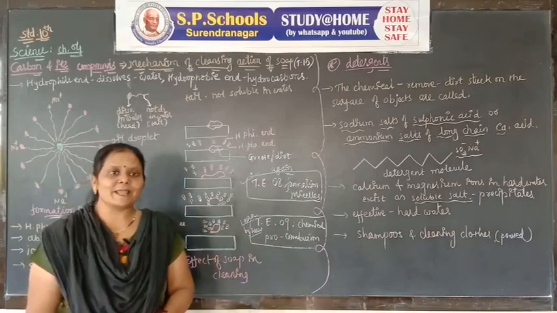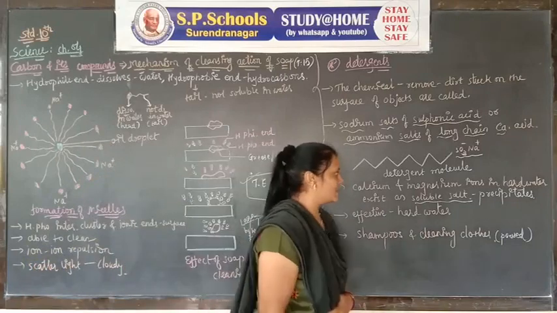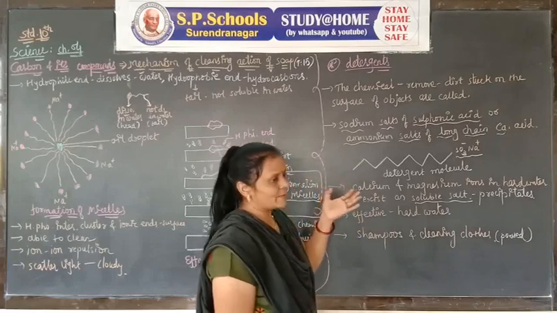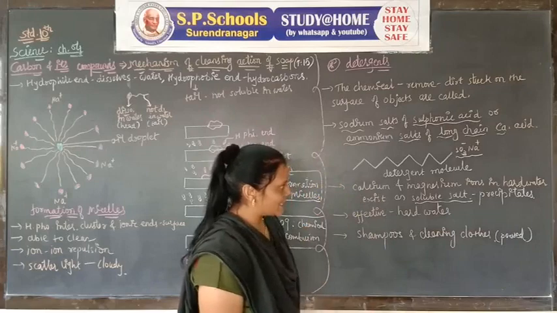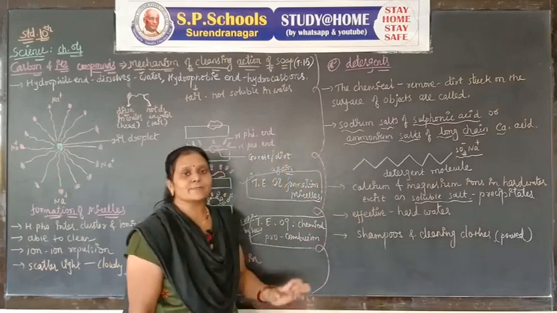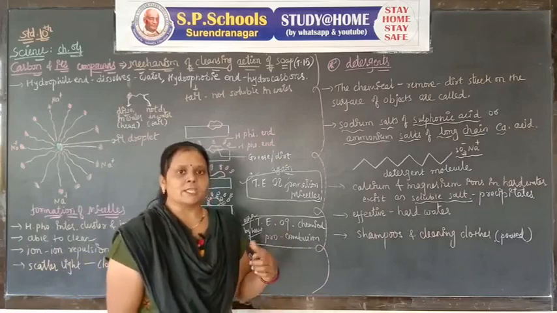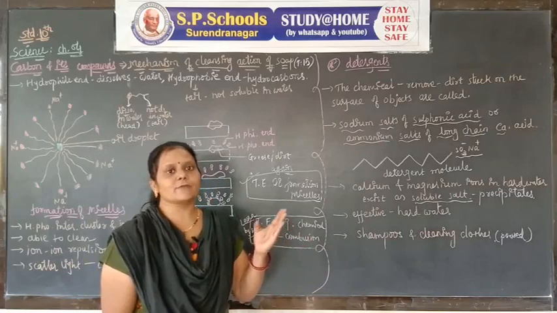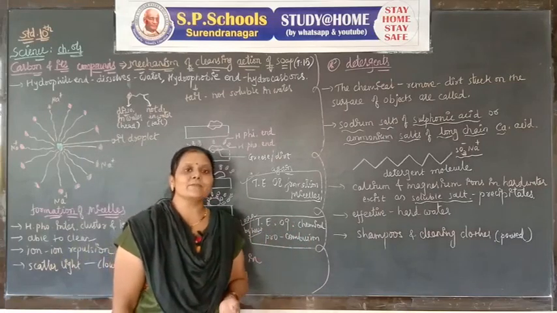But when we apply detergent, it can work in hard water with calcium and magnesium ions and does not give precipitates. So soap is not effective in hard water, while detergent is more effective than soap.